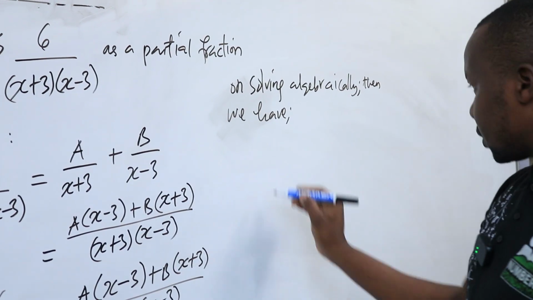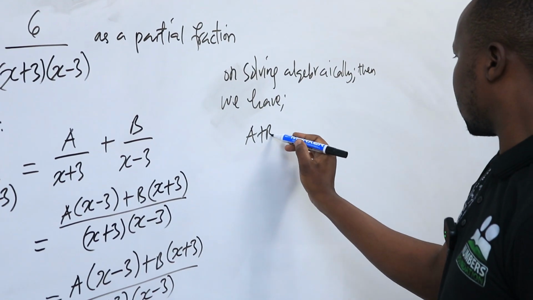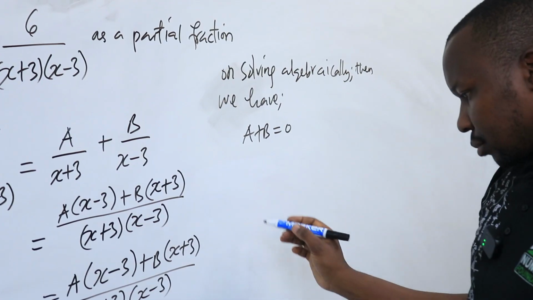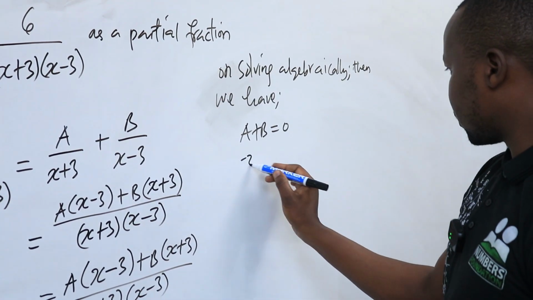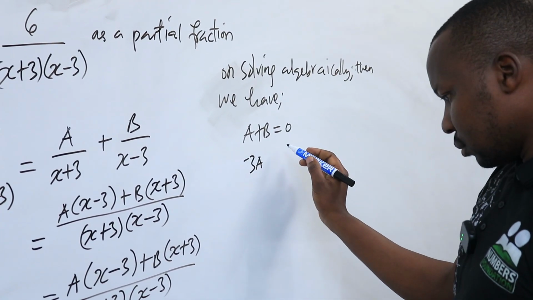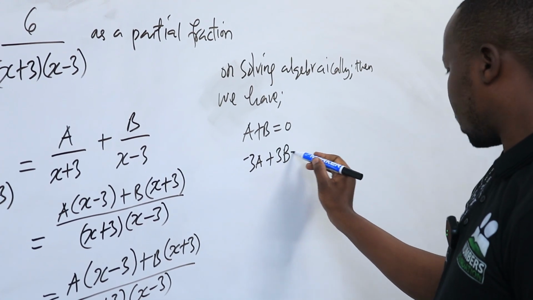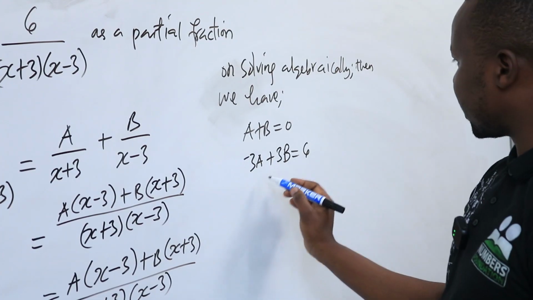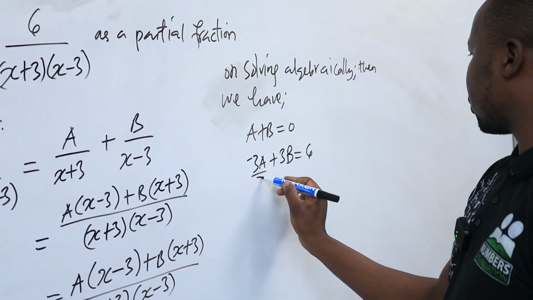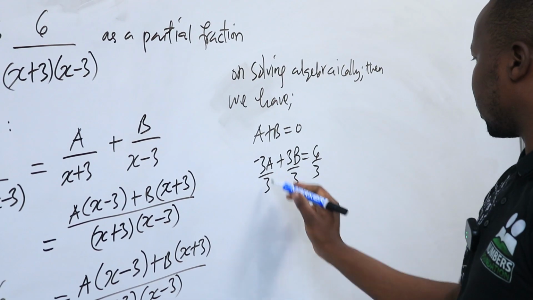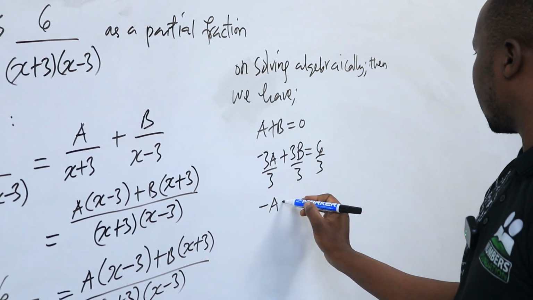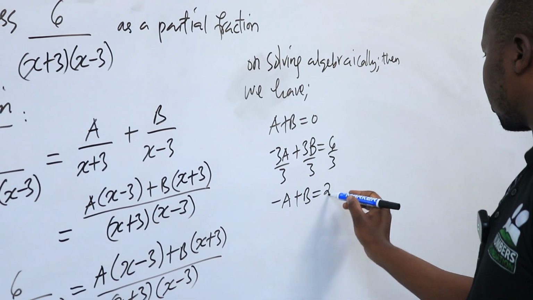what do we have? We take a plus b equals 0 and negative 3a plus 3b equals 6. Once simplifying by 3, when you divide by 3, this becomes negative a plus b equals 2.